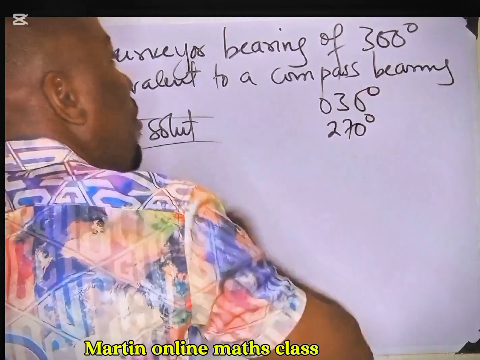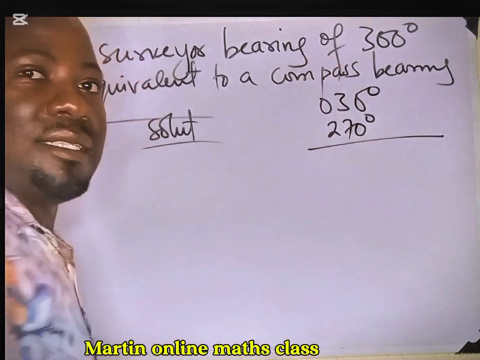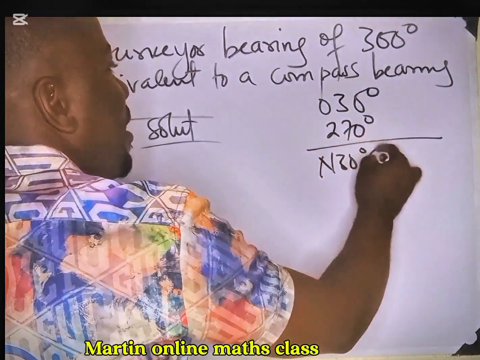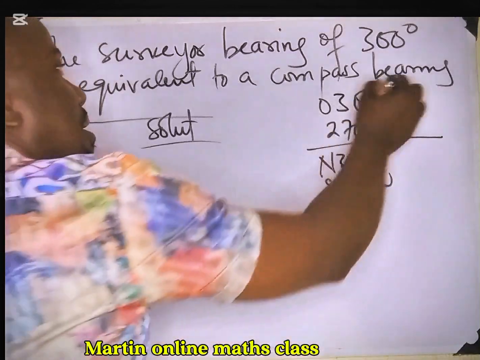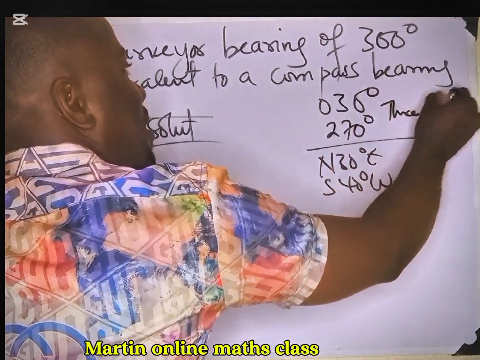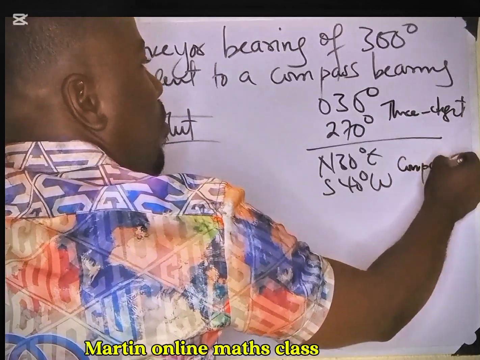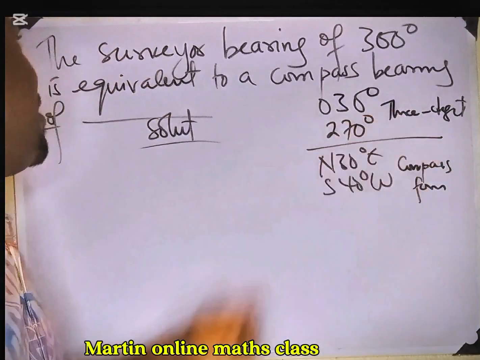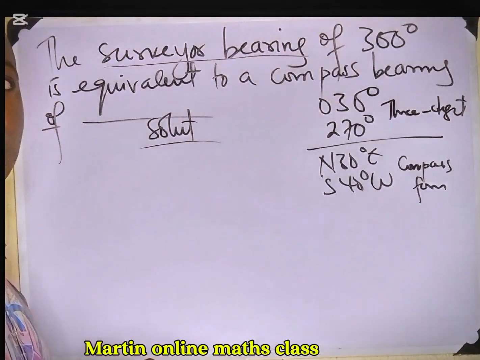But for compass, the bearing is stated in the form north 30 degrees east, south 40 degrees west. So this is the 3-digit form, and this is the compass form. And this 3-digit bearing is the same as the surveyor's bearing.